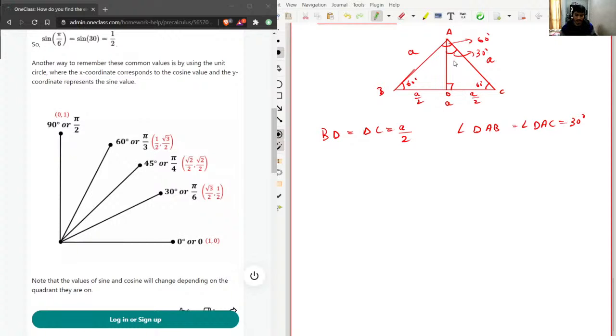For cosine we'll need the length of this perpendicular, but for the sine ratio we won't need this length. But yeah, we can find this length with Pythagoras theorem.